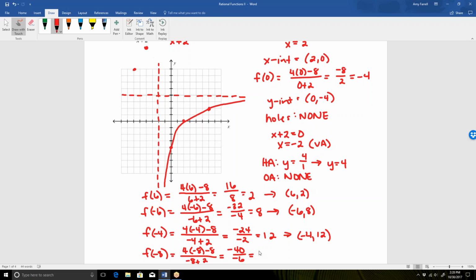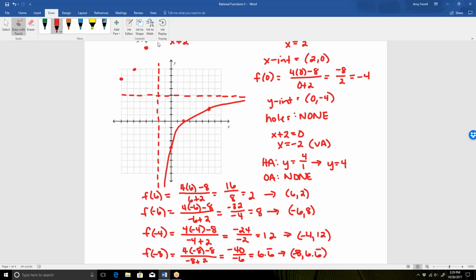Let's see, so that would be 6 and 4 over 6, so 6 2/3, so 6.6 repeating. So that was -8, so the point (-8, 6.6 repeating). Okay, so -8, 1, 2, 3, 4, 5, 6, and then 0.6 repeating. So we can see that the curve is up here.